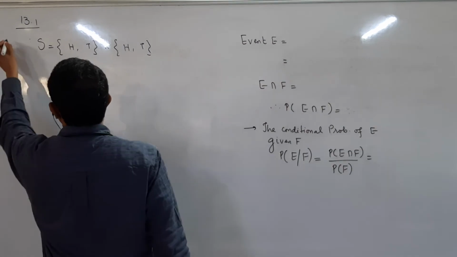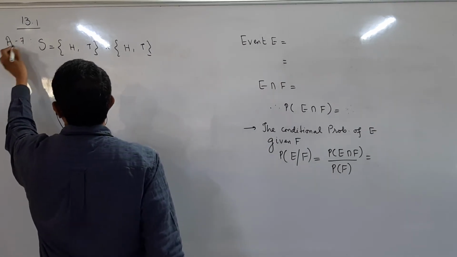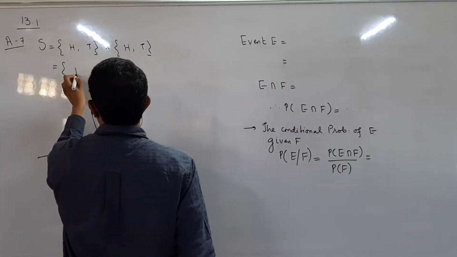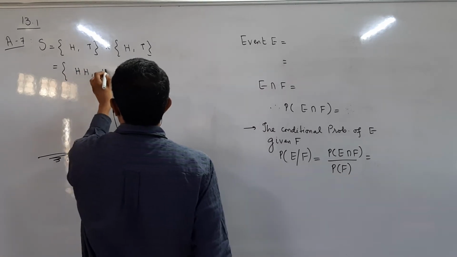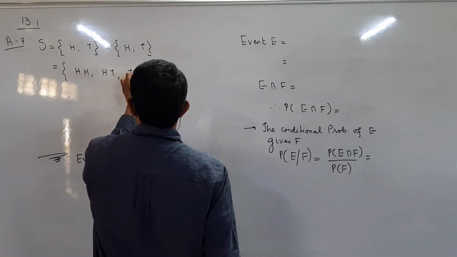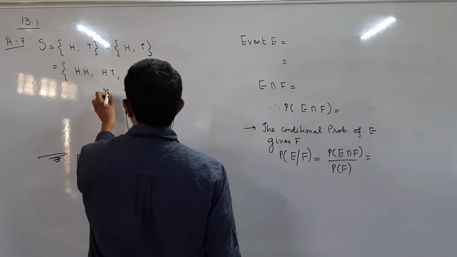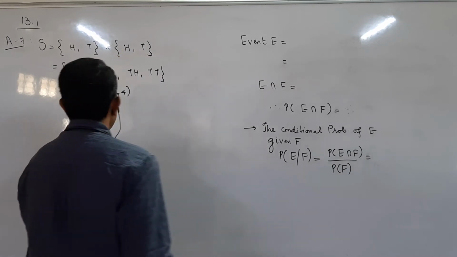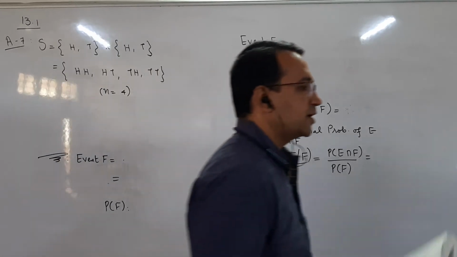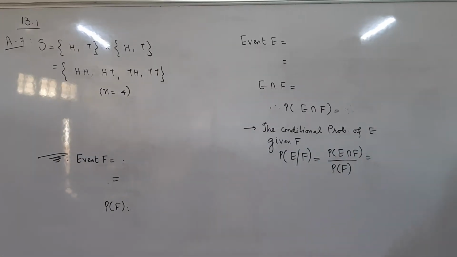So this is our answer 7, and that turns out to be HH, HT, TH, and TT. So total elementary outcomes of the sample space are 4.